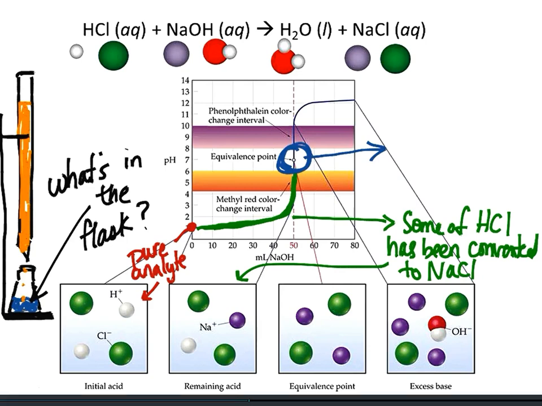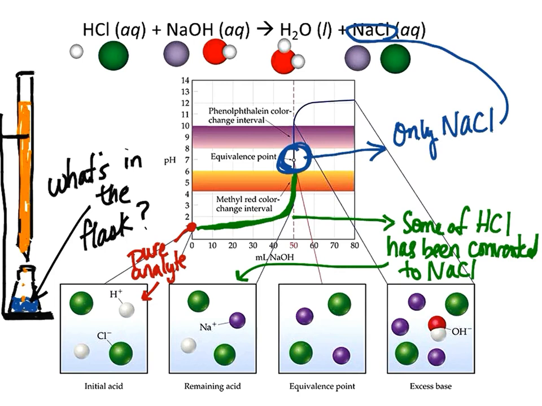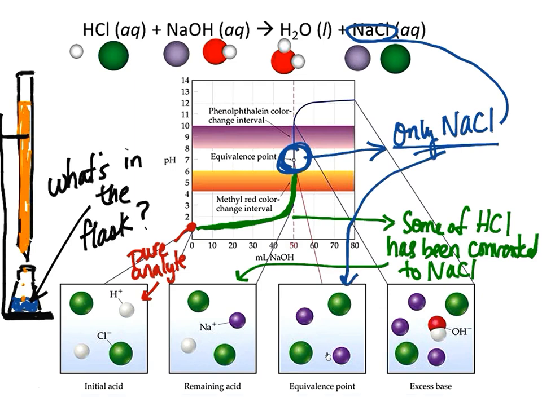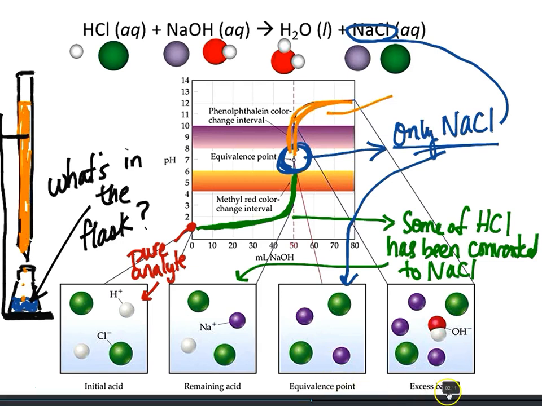And then at the equivalence point, you've exactly consumed your HCl analyte, which means that all you have left in solution is sodium chloride. So that is this point here. And then beyond the equivalence point, you have excess sodium hydroxide. So that is this excess base point here at the end.